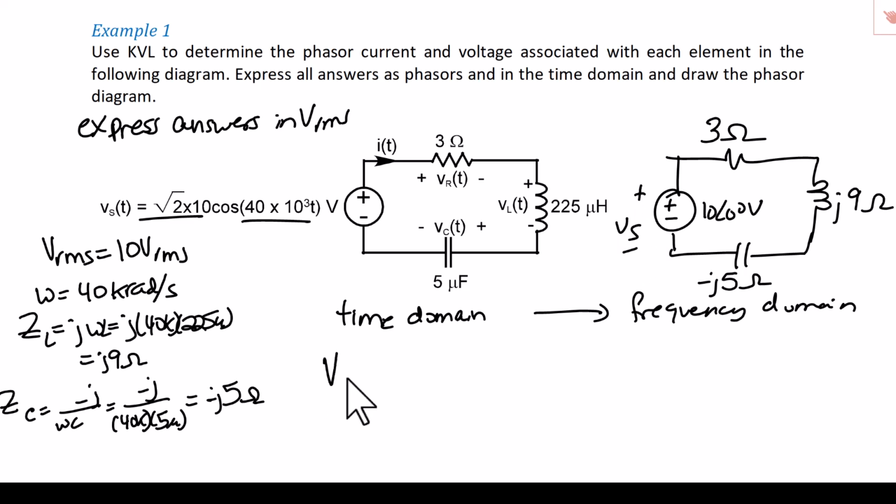Note that we will have Vs equal the voltage across the voltage source, and that should equal, based upon Kirchhoff's voltage law, the voltage across the resistor plus the voltage across the inductor plus the voltage across the capacitor.